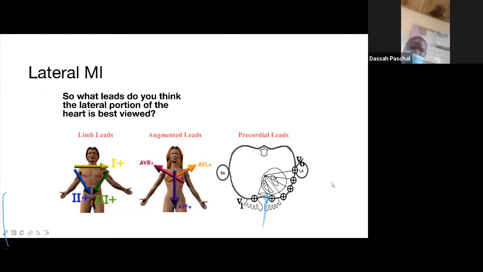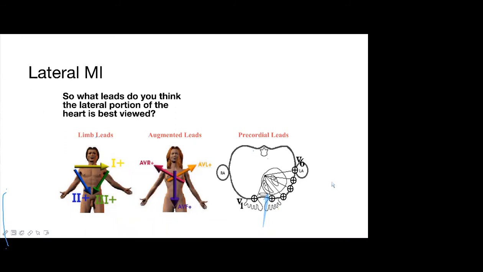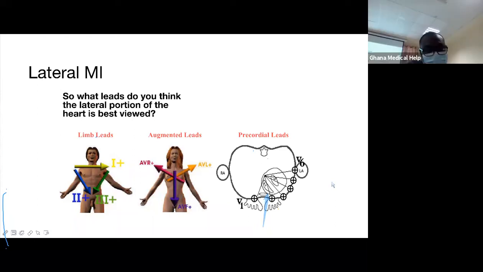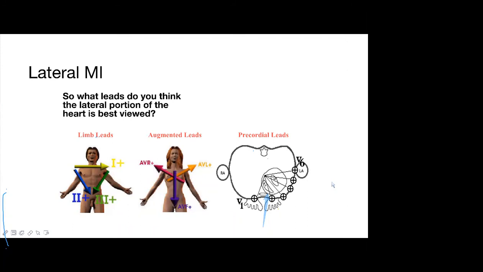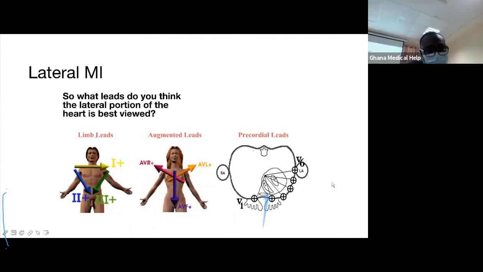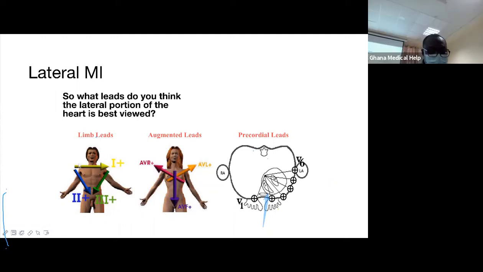You can answer on the Zoom. Let's take it step by step. Which of the limb leads look at the lateral side of the heart? I'm talking about lead one. Fantastic, lead one.